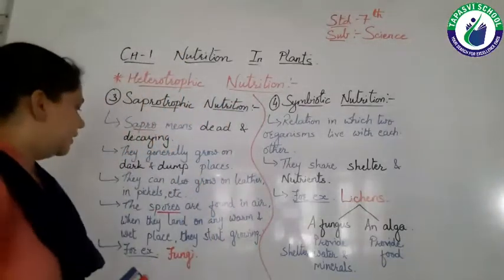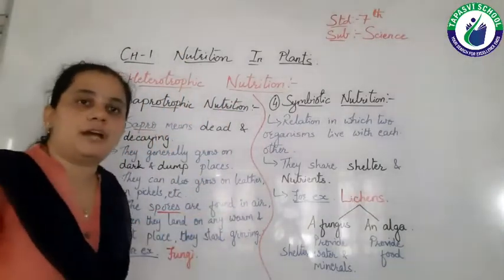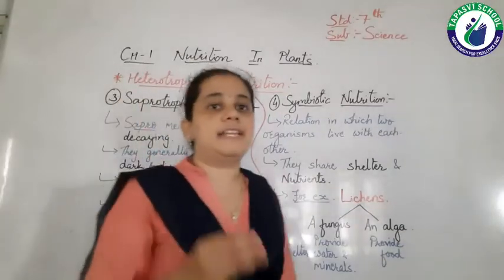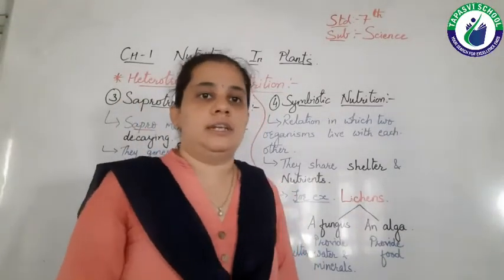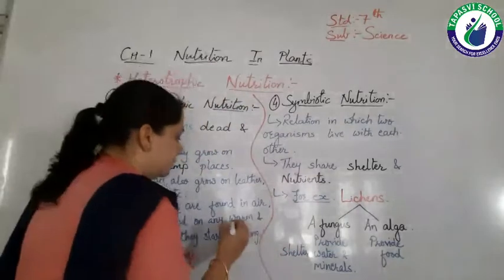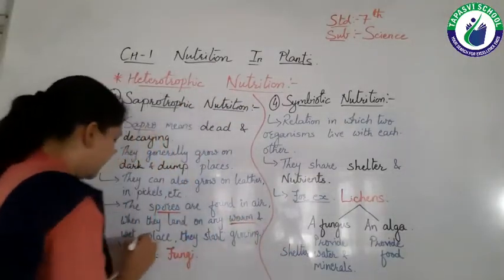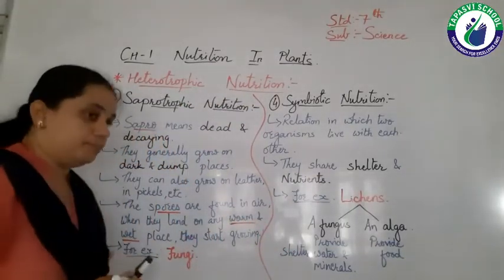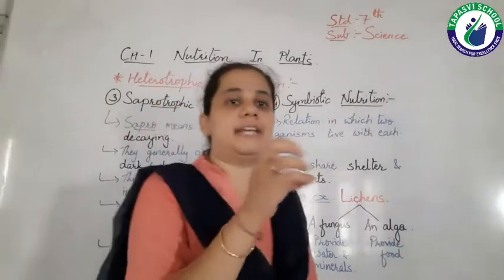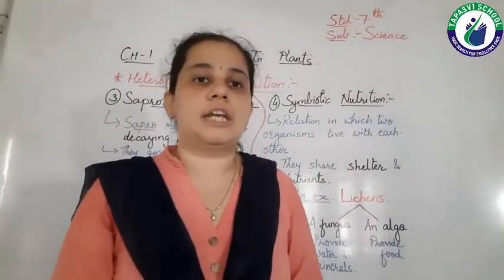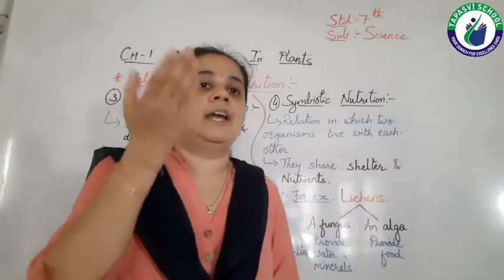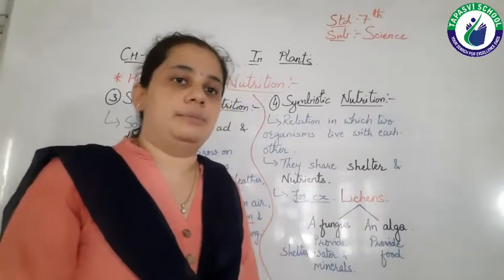These spores are already found in air, and when they get proper conditions, that is, the place must be warm and wet, from this place they take the nourishment, the nutrition, and they start growing, they start germinating.